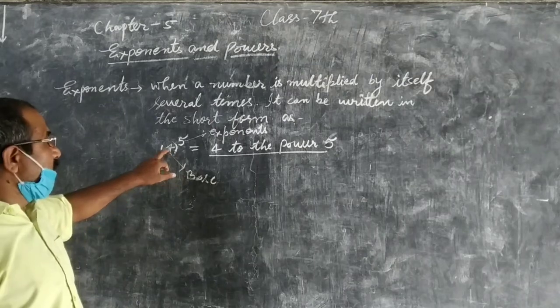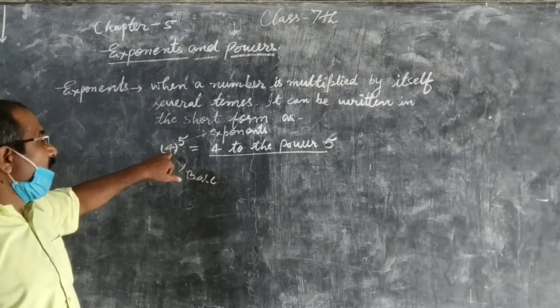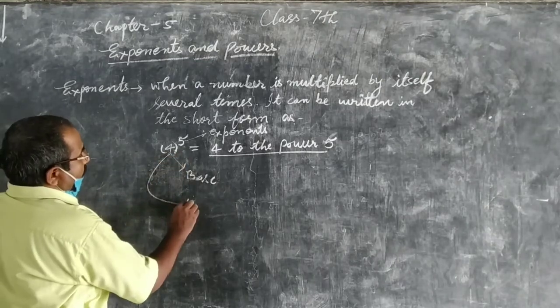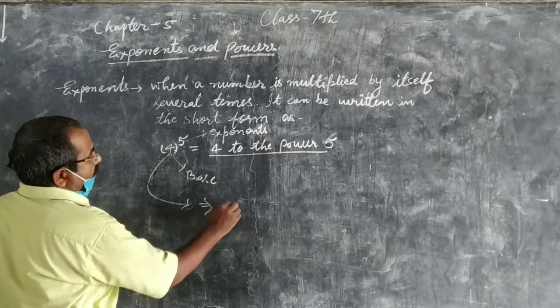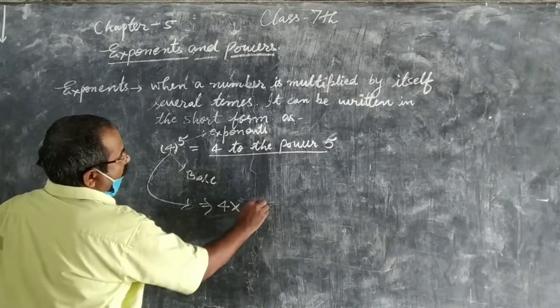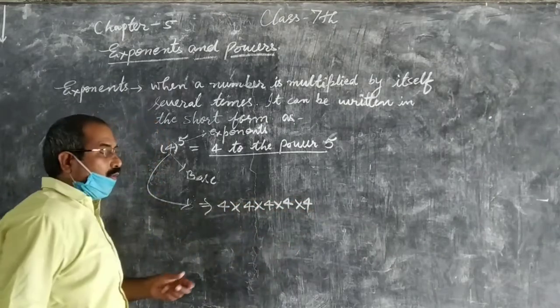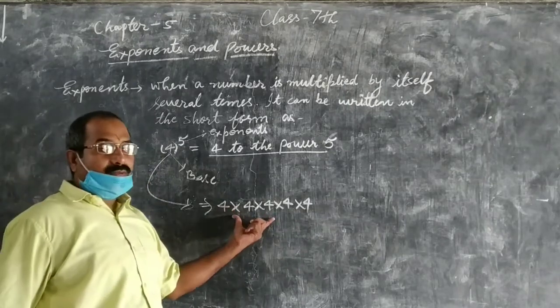Now this is the short form. How will you write it into long form? You will write it up to 5 times: 4 into 4 into 4 into 4 into 4. This is the long form.